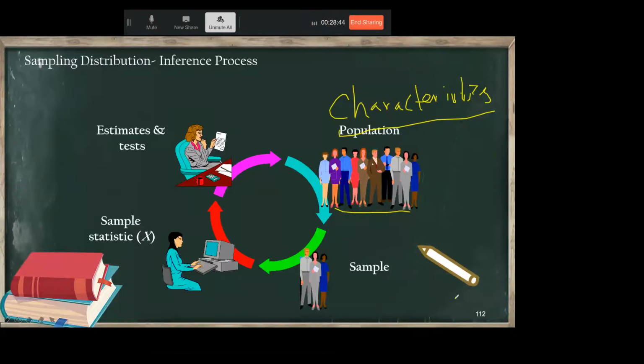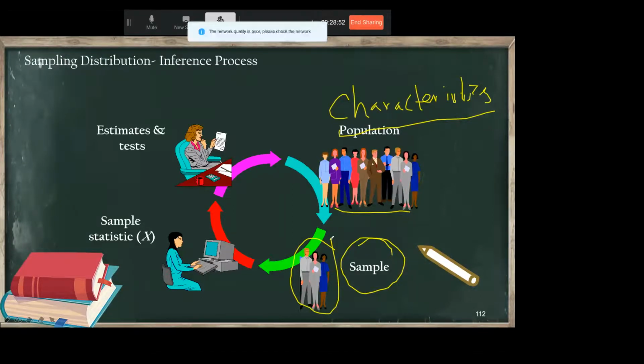As I told you, I'm going to ask 3 people from this population about certain characteristics, right?